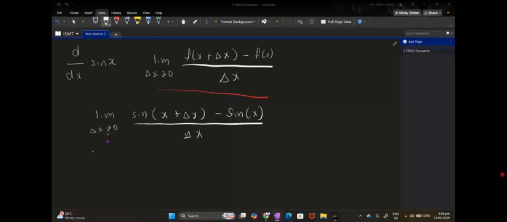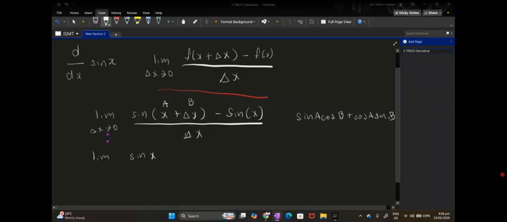So, mangyari, the limit of sine of x plus delta x. So, yung a po natin is yung x and yung b po natin is yung delta x. So, di ba po ang formula po natin, lagay ko na lang po sa gilid, it's sine a cosine b plus cosine a sine b.